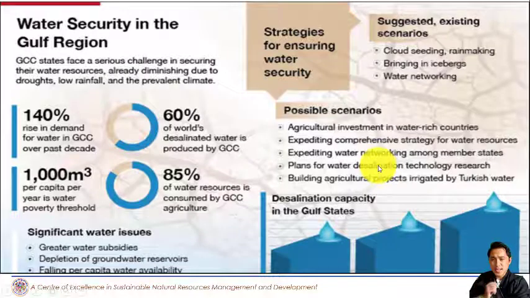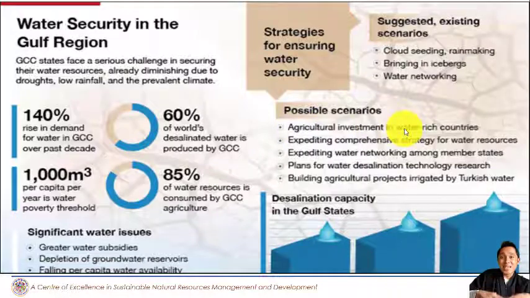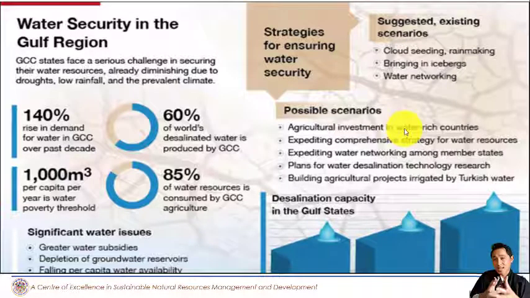And they are actually investing in water-rich countries to do their agricultural activities. They cannot do agricultural activities themselves because lots of water would go to agriculture in their country. But they have money, so they can invest in those countries which can do agriculture, which have more water for their farms, and that kind of thing is going on.